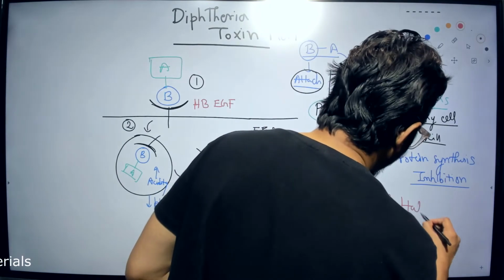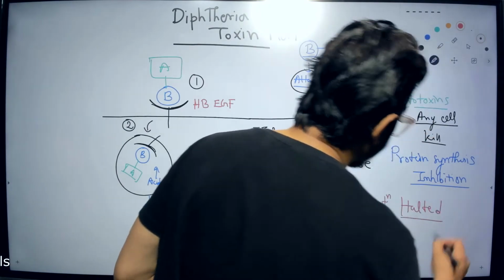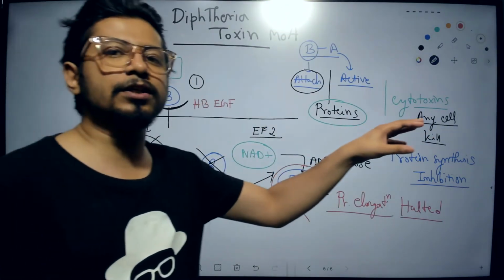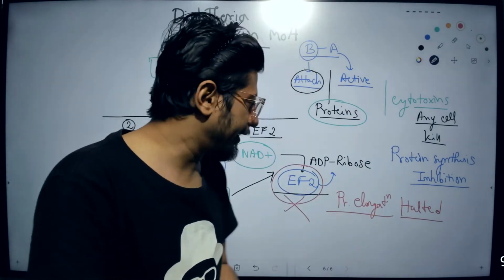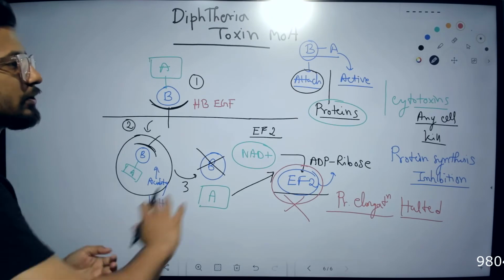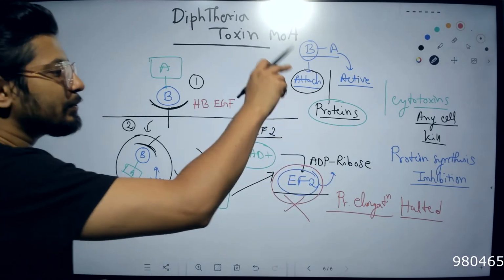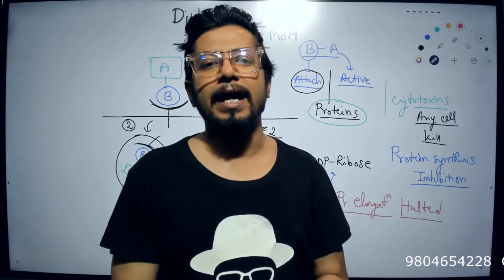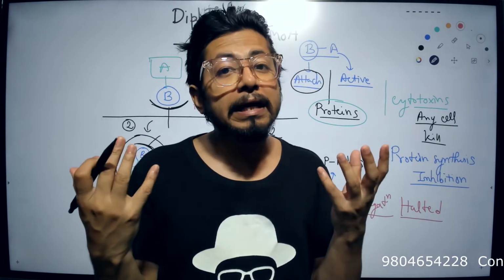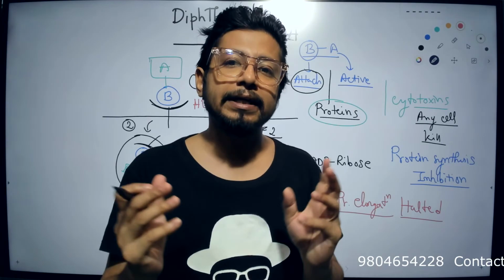And not only is elongation halted, the further production of the polypeptide chain is also prevented. In that way, it's going to end the process of protein synthesis. As it ends protein synthesis, no further protein production is done. And due to lack of protein, the cell will ultimately die.